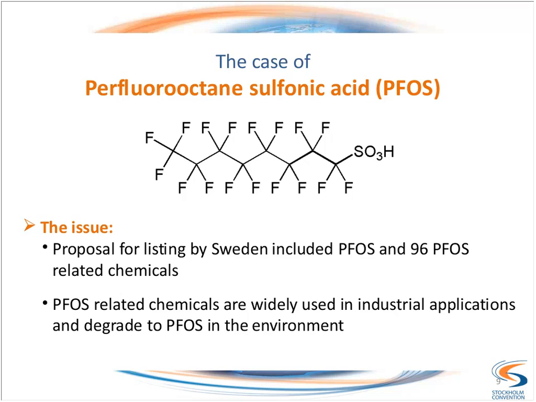You can also replace the H by a fluorine, and then you have PFOS F, and so on. And there are also polymers where this is part of. These PFOS salts, PFOS F, and other PFOS-related chemicals where the H is replaced by ammonium or by a longer polymer, are widely used in industry, and they all degrade.